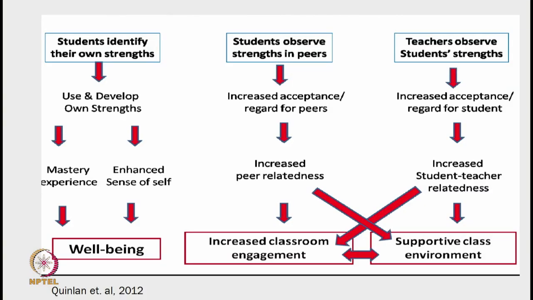Similarly, when they ask teachers to observe students' strengths, that is another strategy in which researchers asked teachers to identify character strengths of his or her class students. In this case again there is increased acceptance and regard for students and an increased student-teacher relationship. You just imagine your teacher is talking about your character strengths.